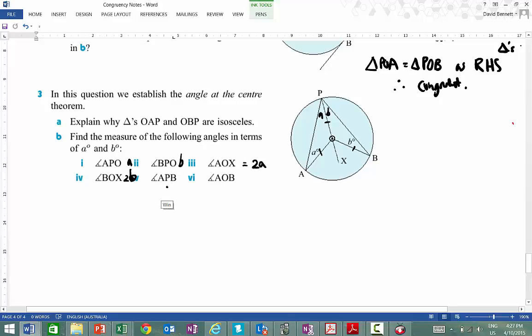APB, well, we know that's going to be A plus B, and we know then that AOB is going to be 2A plus 2B, which is equal to 2 lots of A plus B. In other words, what we're proving here is this angle here is twice the angle there, by just using those properties. So again, we're just using our triangle properties to prove our circle theorems.